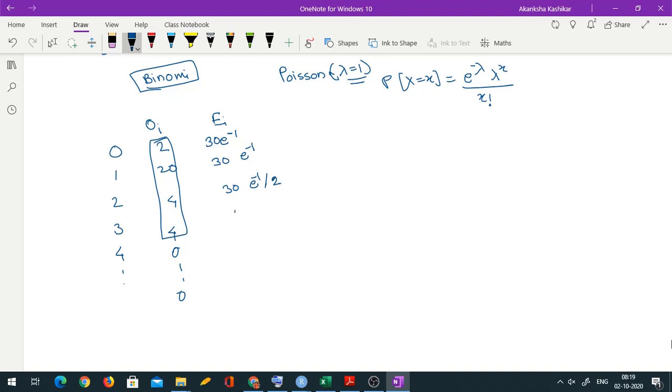And for 3 it becomes 30 into e raised to minus 1 upon 3 factorial. 3 factorial is 6. And now for remaining classes also I have some values, but because we don't have anything here, we would combine. So we would say greater than or equal to 3 and we would delete this. So this probability becomes this plus 30 e raised to minus 1 upon 4 factorial plus 30 e raised to minus 1 upon 5 factorial and so on.